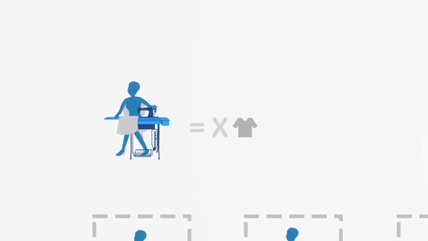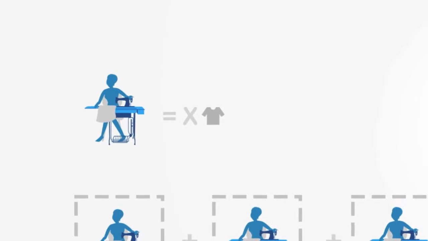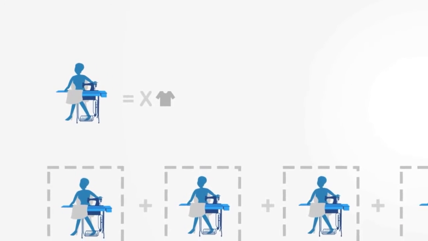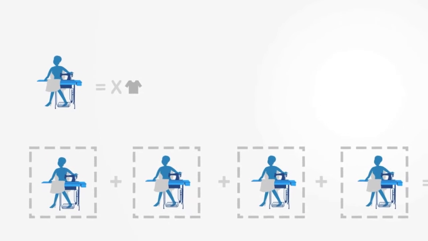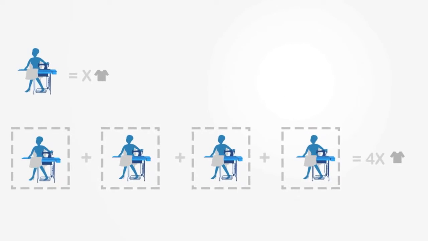To illustrate this further, let's take an example of 4 workers producing clothing. In isolation, each seamstress can sew a given amount of clothes within a day. Now if we put them together, we might get one of 3 results. Firstly, they might not interact with each other very much, meaning the whole would simply be the sum of its individual parts.